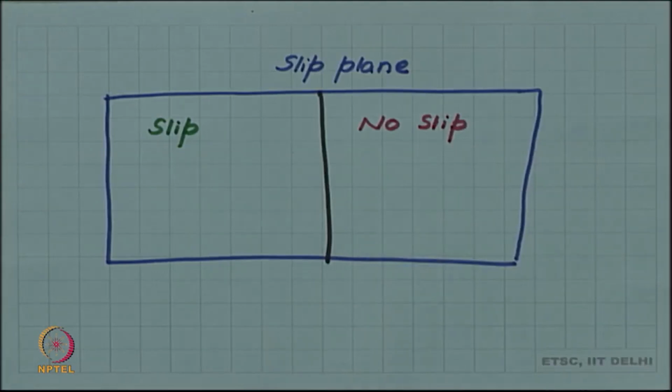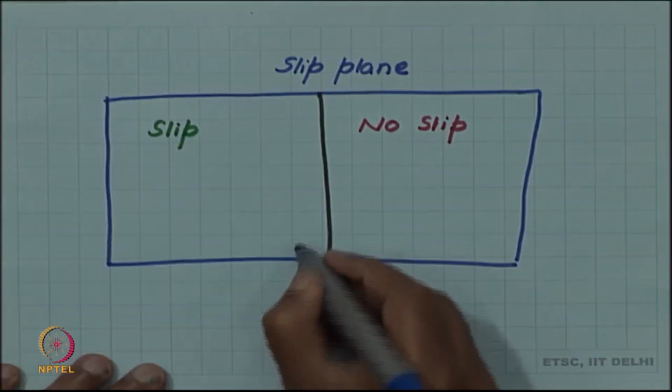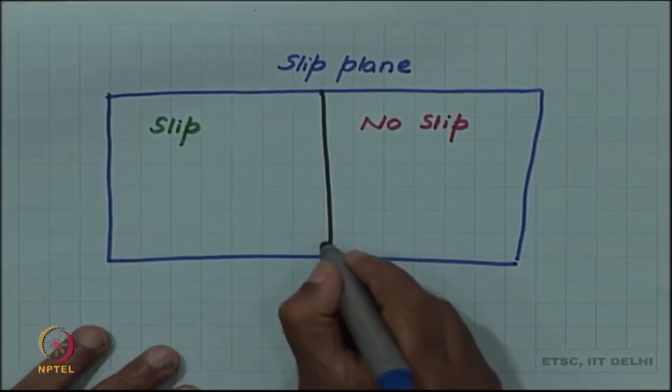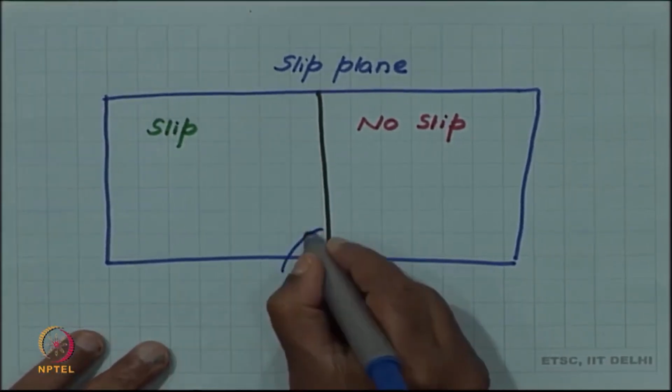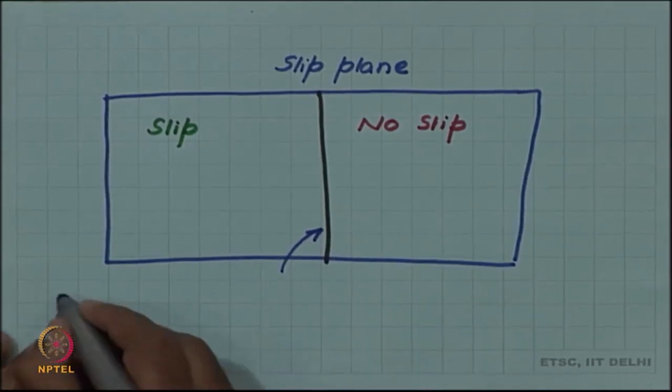Then the boundary between the slip and no slip region will be a dislocation line. This is a general slip definition.